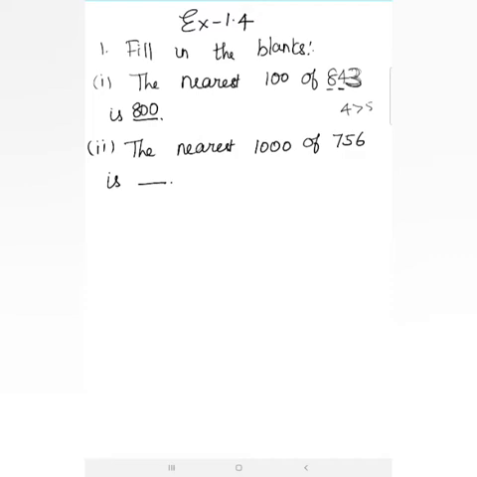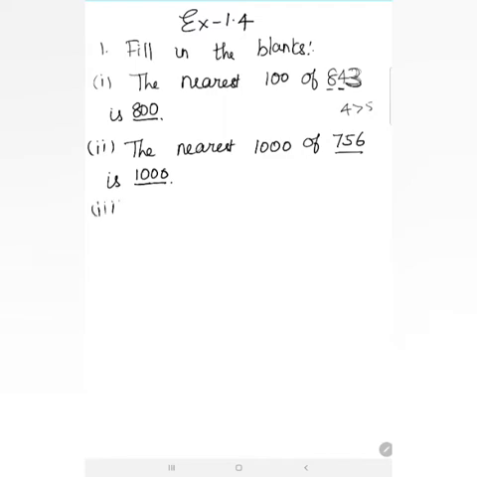Then how will you write this? 756 is greater than 500. So the nearest 1000 is 1000, because there is no 1000 place and also it is more than 500. So you take this as 1000.